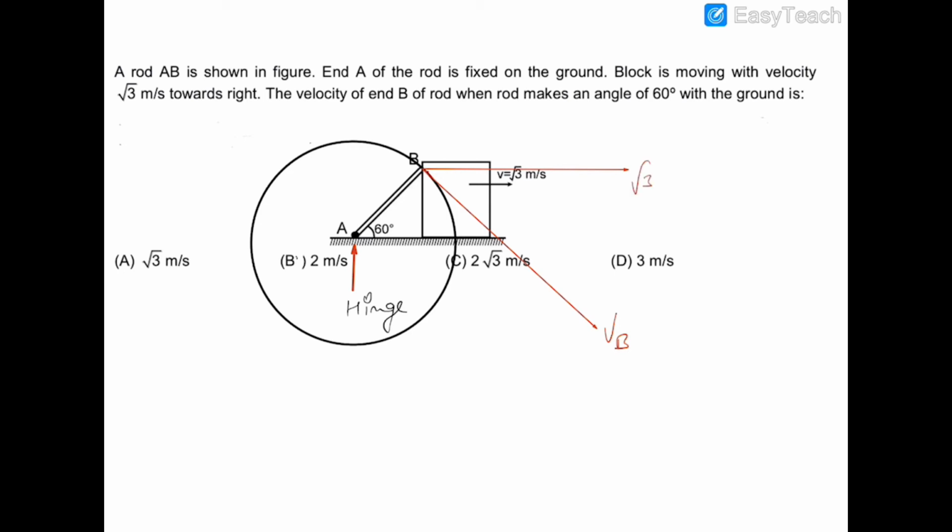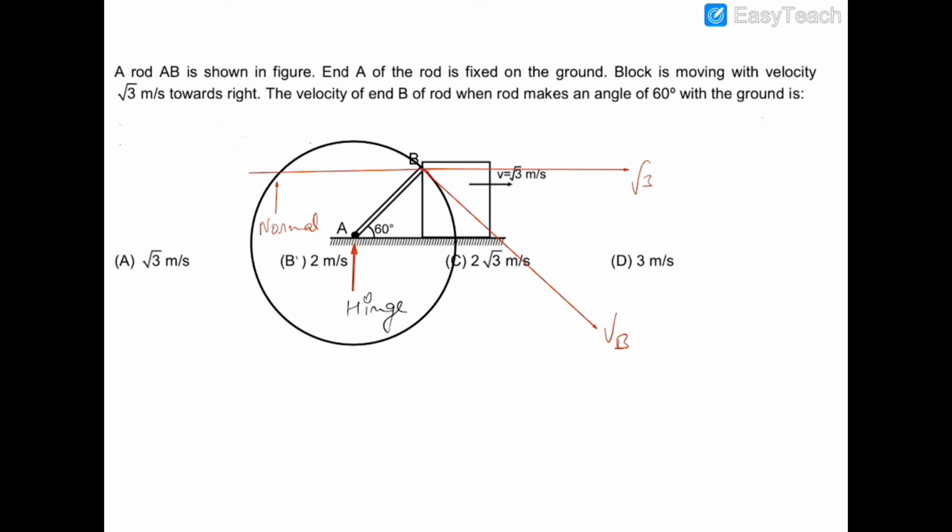Now we have to identify the contact. So this is the contact, and we have to draw the normal to the contact. So I am drawing the normal, and normal would be like that. This is the normal to the contact. Now I have to resolve the velocities of the block and tip of the rod along the normal, and I have to equate them.